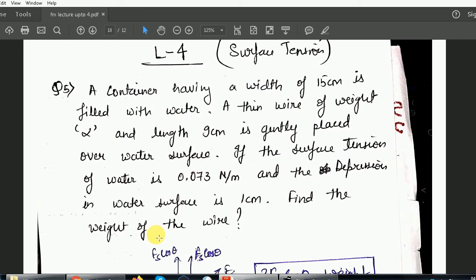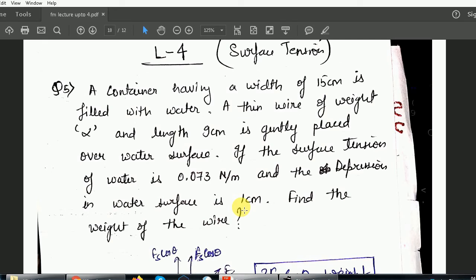Now the fifth question. A container having a width of 15 centimeters is filled with water. A thin wire of weight alpha and length 9 centimeters is gently placed over the water surface. If the surface tension of water is 0.073 Newton per meter and the depression in water surface is 1 centimeter, then find the weight of the wire.